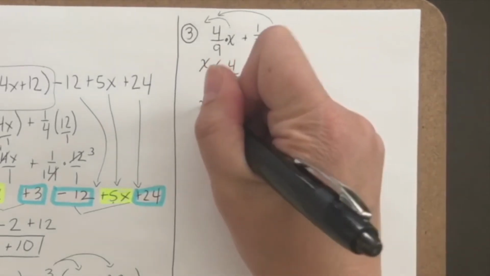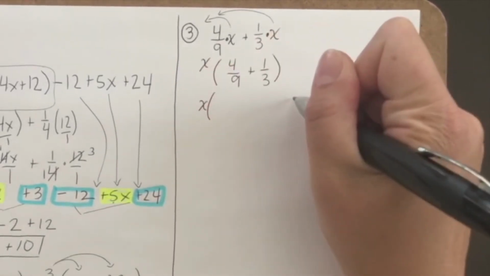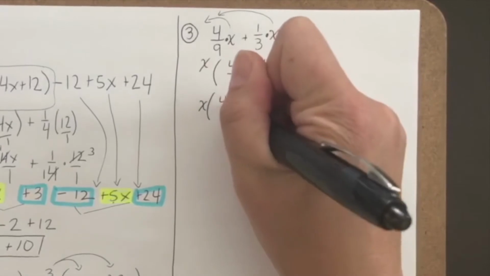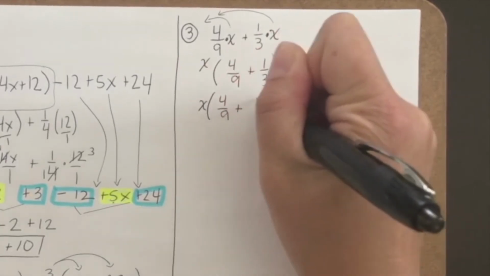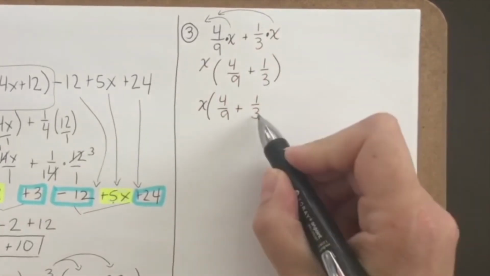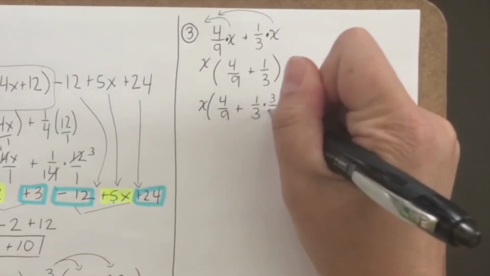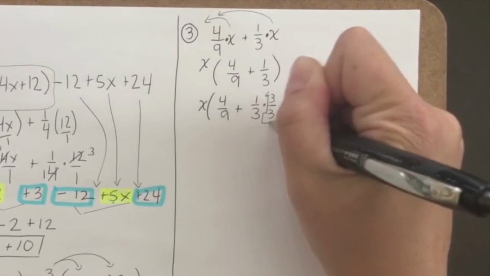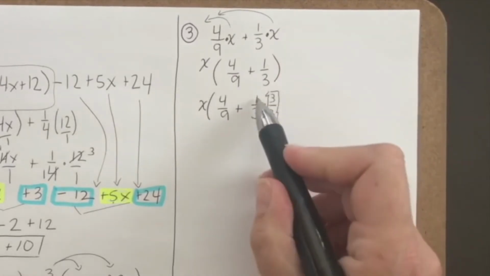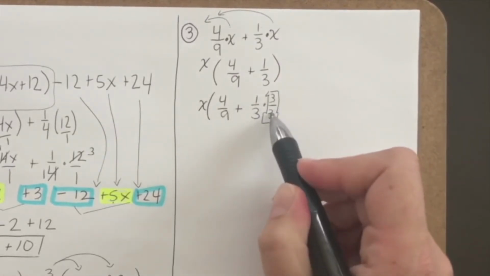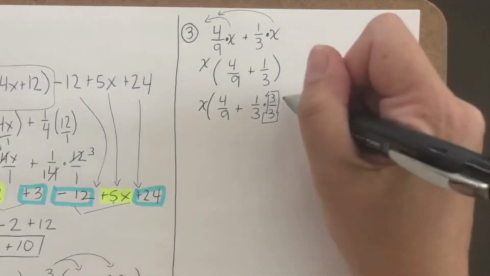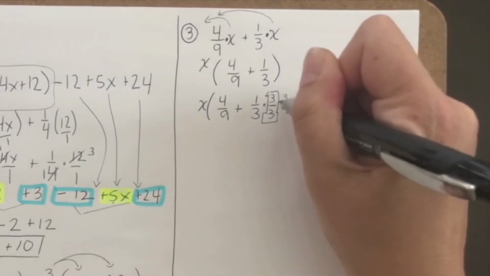So let's do that. We'll leave the x out here because we have to distribute and put it back later. But we'll do 4/9 plus 1/3, and we need to change that into a 9. So we'll use the giant 1, and we'll have a 3 over 3. So we'll multiply 1/3 by 3 over 3, and that's going to give us 3/9.